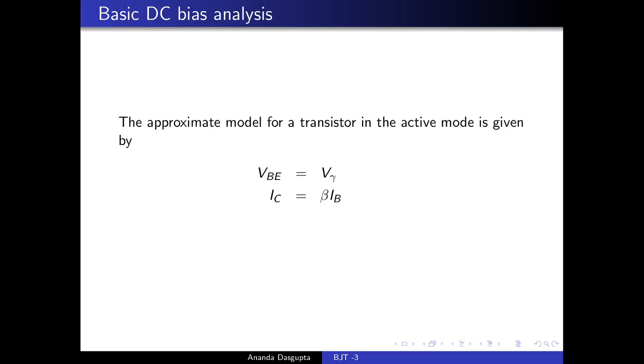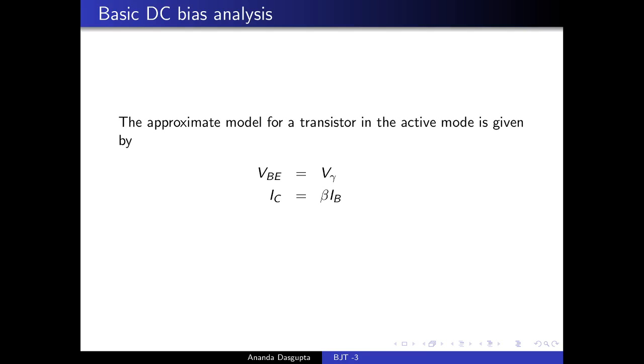The IC and IB are both into the transistor for NPN or both out of the transistor and hence negative for PNP.